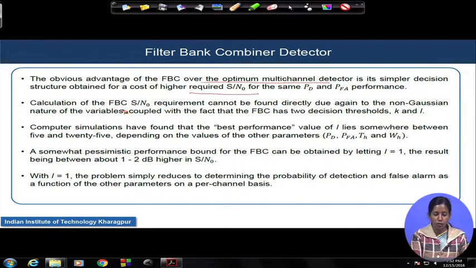The calculation of the FBC's Eb by N0 requirement cannot be found directly, again due to the non-Gaussian nature of those variables, coupled with the fact that the FBC has two decision thresholds now, K and L. Any non-Gaussian nature of the variables puts constraints on this decision and on the calculation of Eb by N0 for the FBC performance analysis.